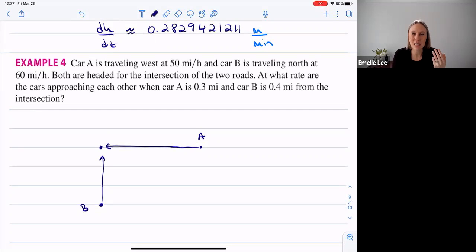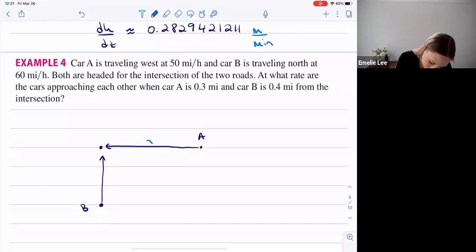Again, I see this kind of XY axis situation. So I'm going to use X and Y as my variables, but you can use A and B if you want, or west and north, I guess. But for me, I see X's and Y's, and so that's what I'm going to use.